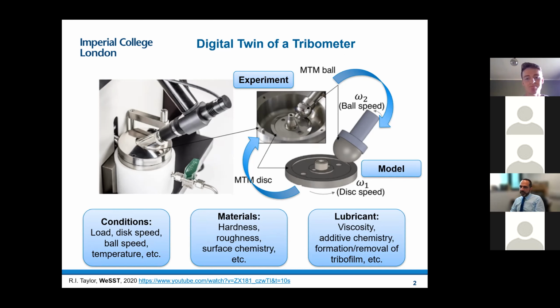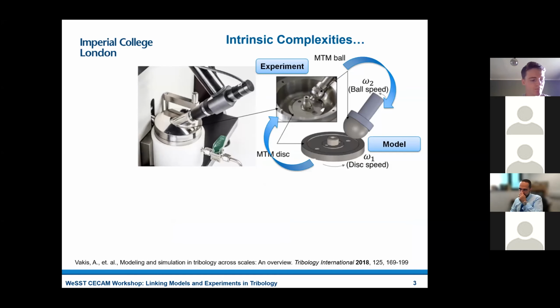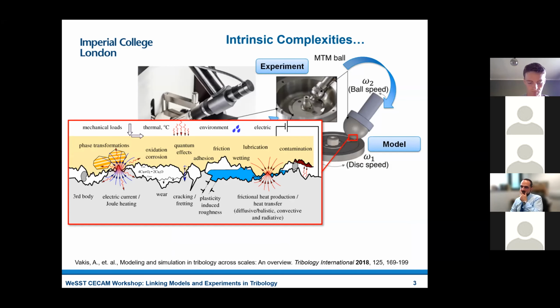Now, the problem is it gets even more challenging when you try and reproduce and look at the evolution of these systems, because if you look at the rubbing interface and if you dig into what might be happening there, there is a huge amount of information that is required, and you need to know, for example, what are the dominant conditions, whether or not there is lubrication, whether or not there is film forming, whether or not phase transformations are happening, and all sorts of mechanisms that need to be reproduced.